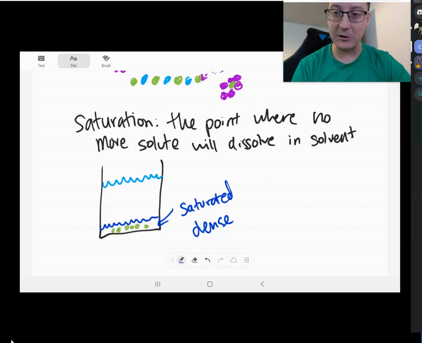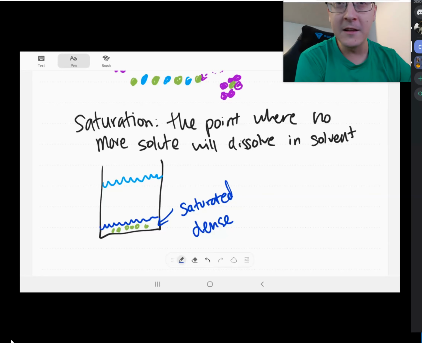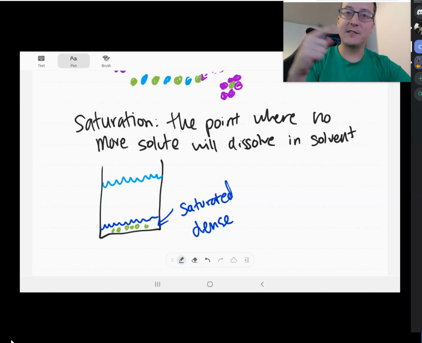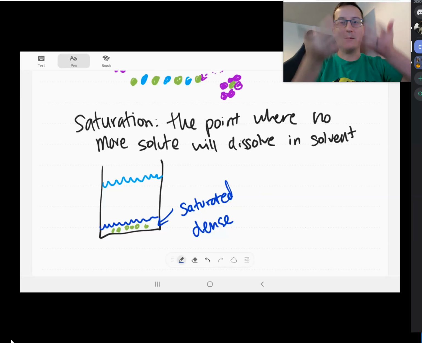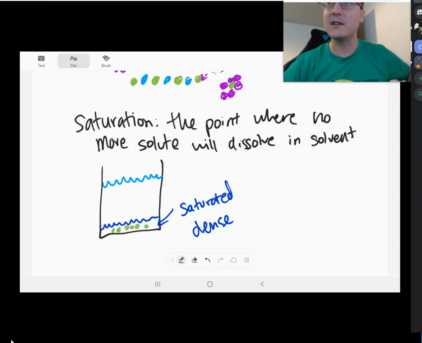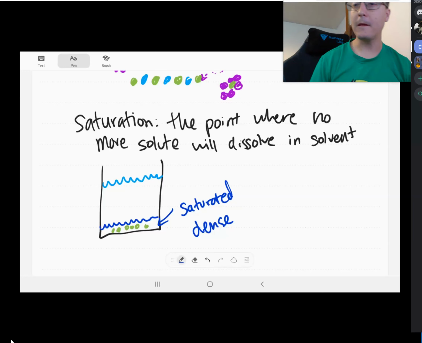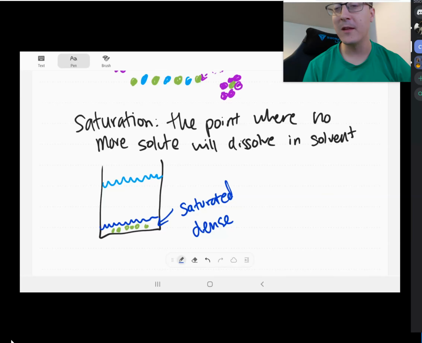Just put some salt in some water and don't do anything. If you come back in 10 minutes or so and stir it, you're going to see all those ripples at the bottom. That's this saturated solution mixing with the rest of your solvent. Okay, so that's what's going to happen.